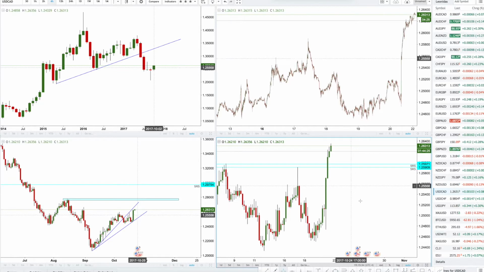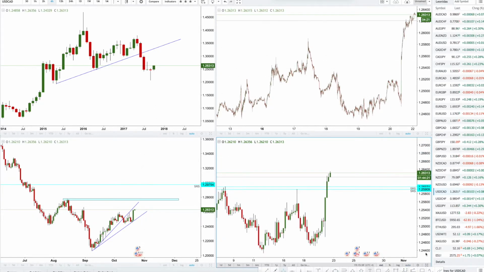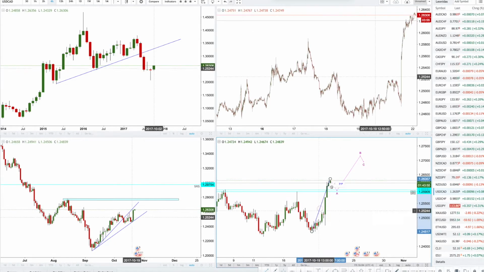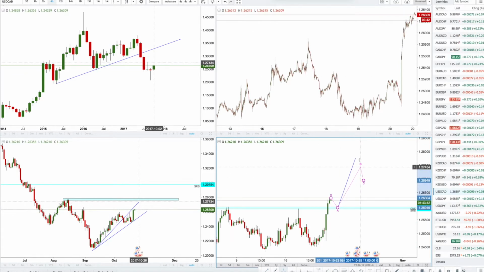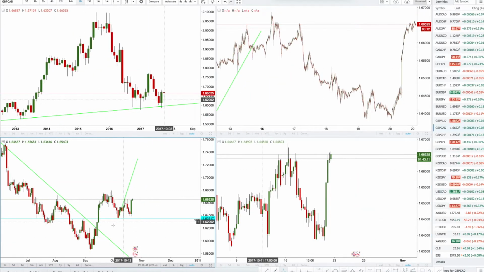So if we come down, this area like here, and on daily we have this SRS level.